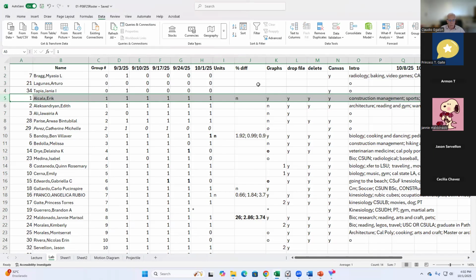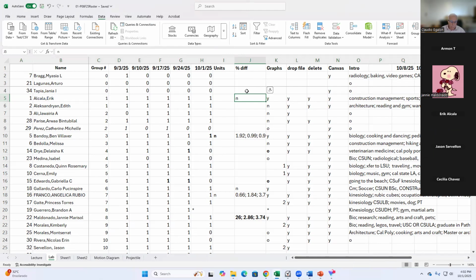Did you manage to get all the percentage differences? Yeah, I got 0.934 and then 0.999 and 0.987. Okay, good. So they're all within reasonable values.